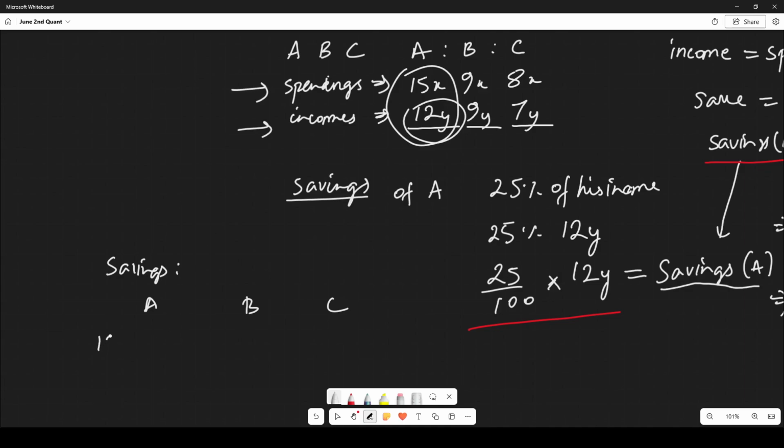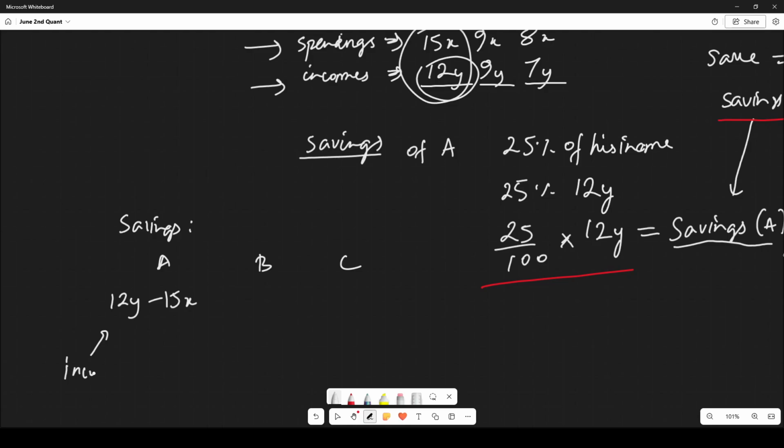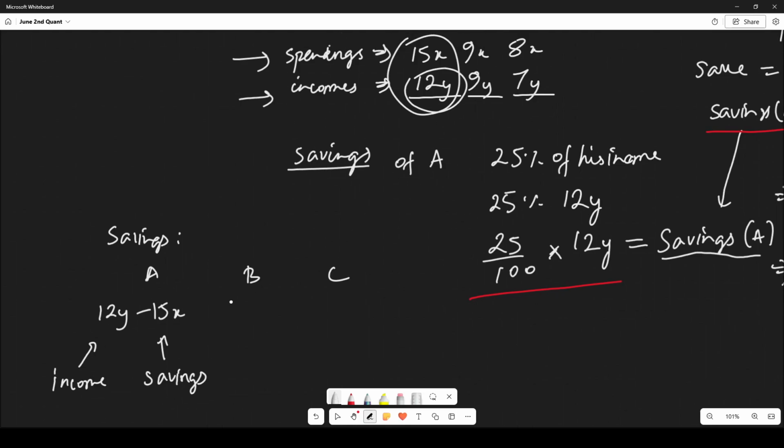So the income is 12y minus 15x, which is the savings. Let's do it for B and C as well: 9y minus 9x, 7y minus 8x. Let's write down the values of x and y, which are 3 and 5.